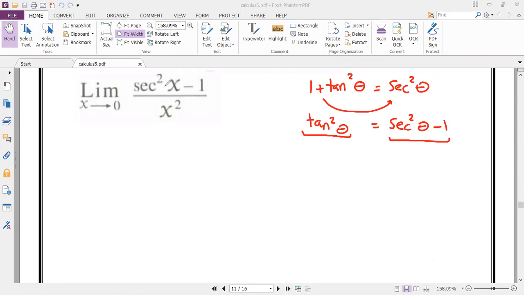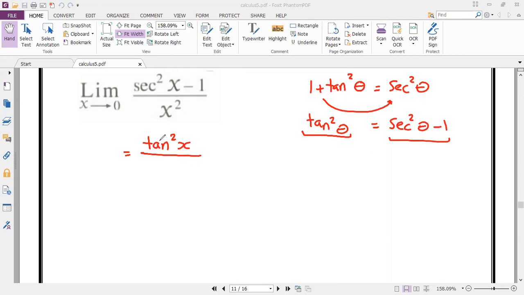I have sec squared theta minus 1, so we can substitute instead of that. We're going to write tan to the power of 2x here. Do you know why? Because 1 plus tan to the power of 2x equals sec to the power of 2x.